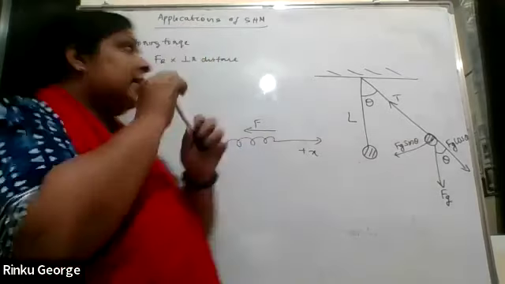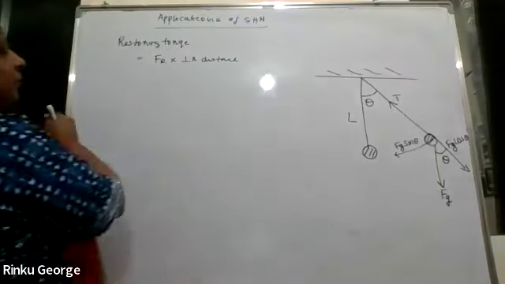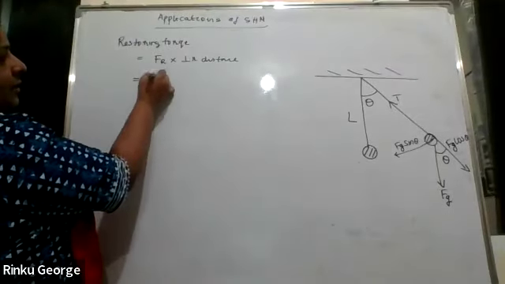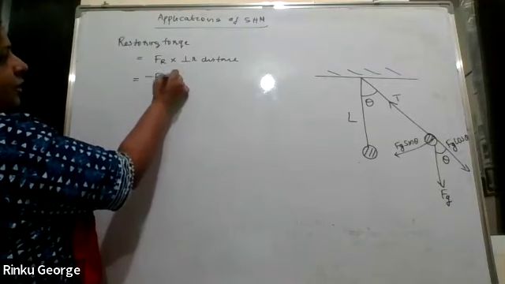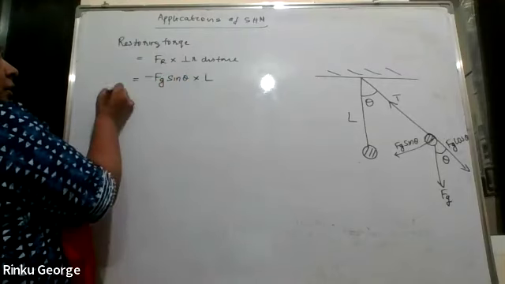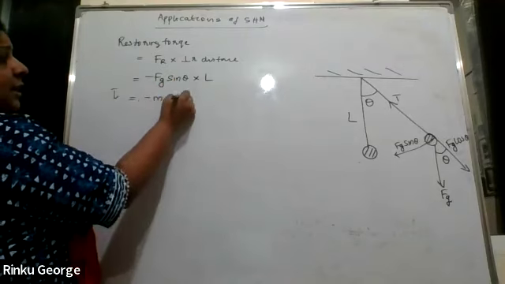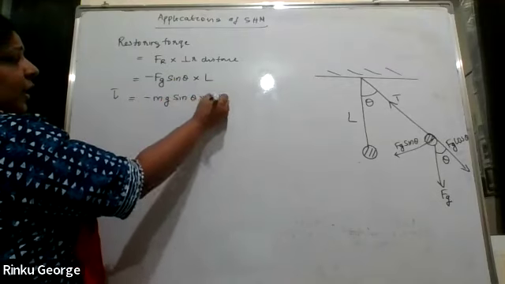So the restoring force is minus Fg sin theta, into perpendicular distance L. Now torque is equal to minus mg sin theta into L.